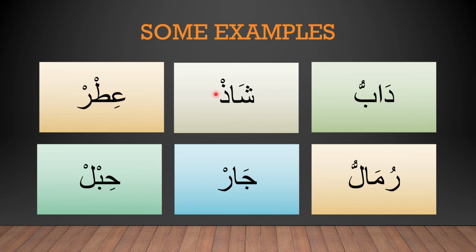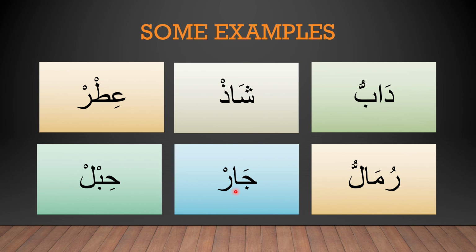Shaz. That's how it sounds. Ain, Kasra, Pa. Ait. Ra, Sukun, Aitr. Ra, Dhamma, Ru. Mim, Alif, Lam, Sukun. Mal. Lot of letters I know, but you can do it.